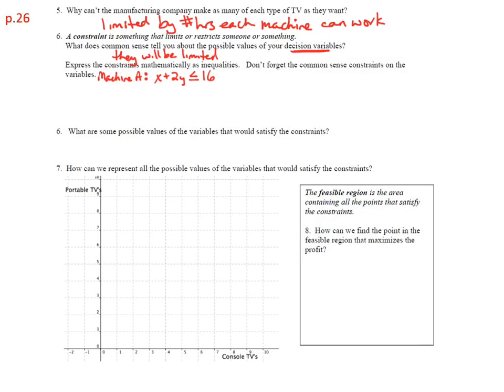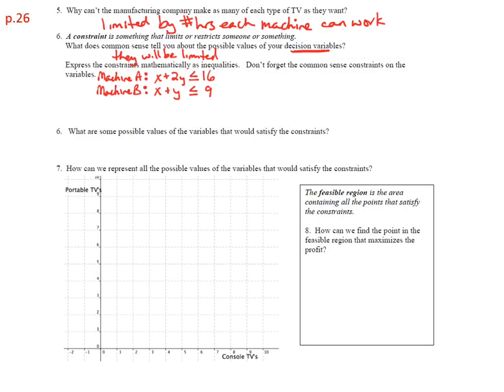Then if we look at our column for machine B, we only need 1 hour for our console TVs, and 1 hour for our portable TVs. Machine B can only work up to 9 hours a day.